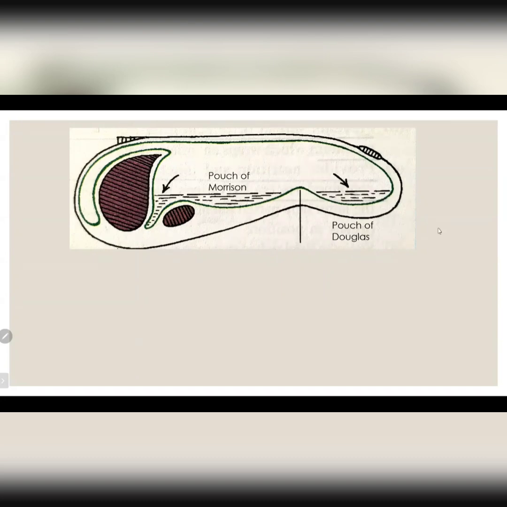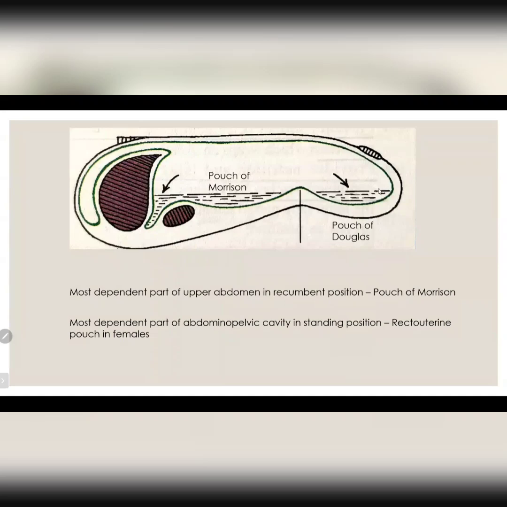In the abdominal cavity, the most dependent part in the supine or recumbent position is the hepatorenal pouch of Morrison. In the standing position, especially in females, the most dependent part of the abdominopelvic cavity is this space called the pouch of Douglas.